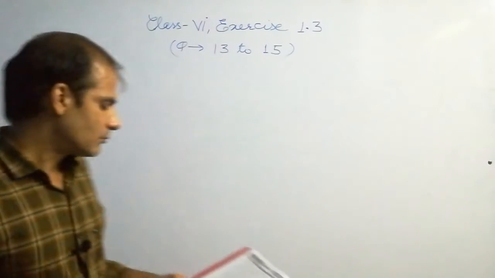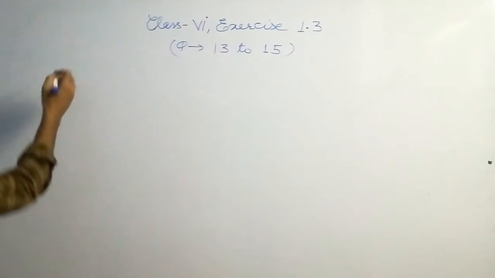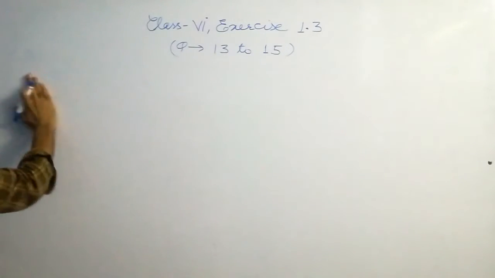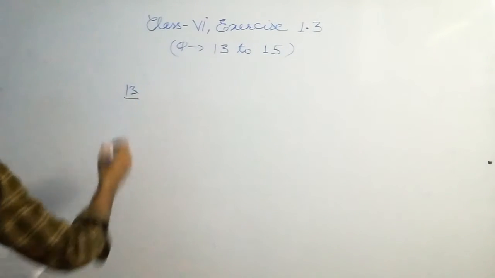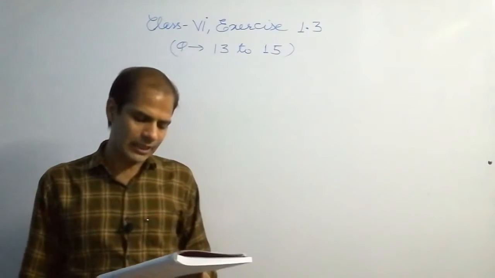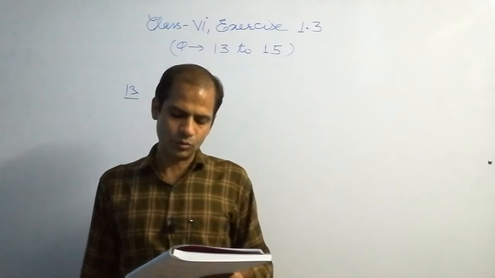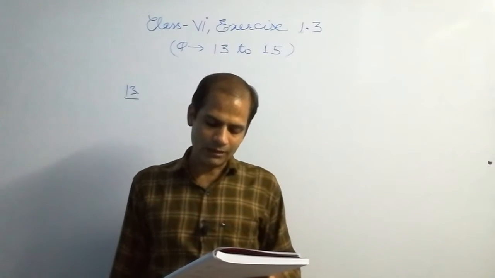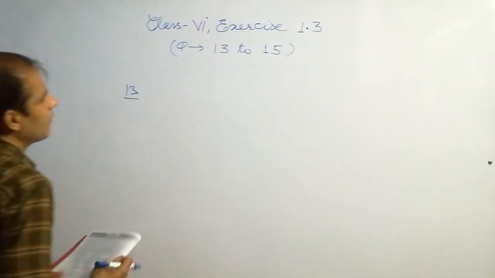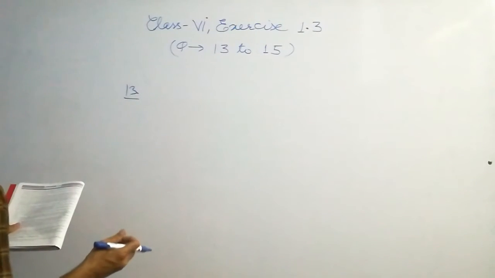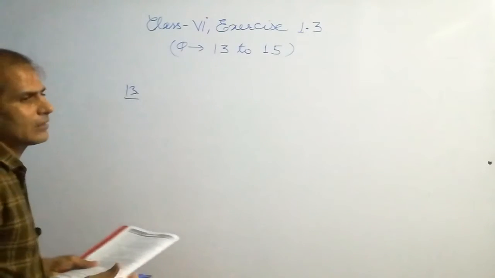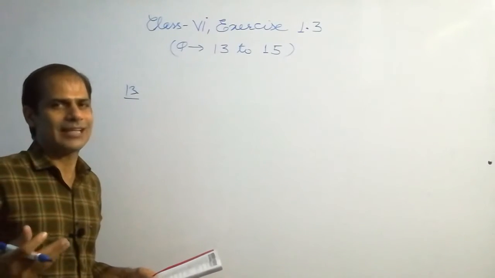So the 13th question says that in one state the number of TV sets sold in the year 2014-15 was 8,47,200. Now I write the required information which is used to solve this question. In one state, state means just like Rajasthan is a state, okay.